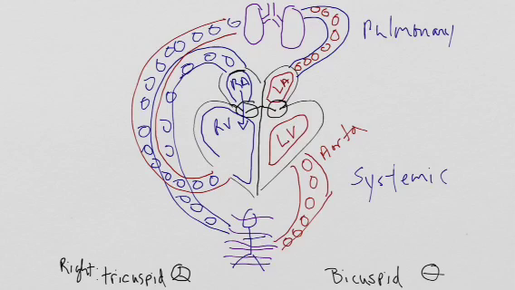That blood goes through the tricuspid and the bicuspid into the right and the left ventricles at the same time.